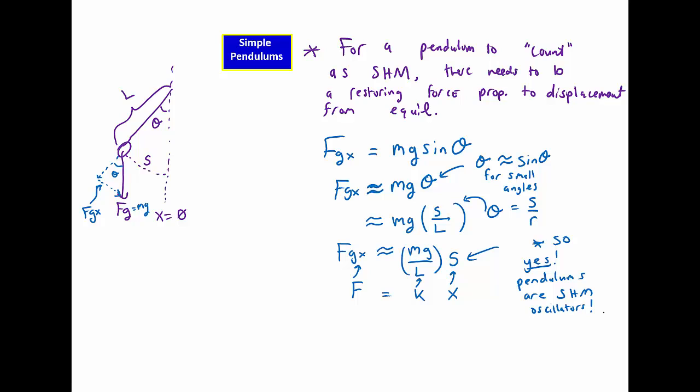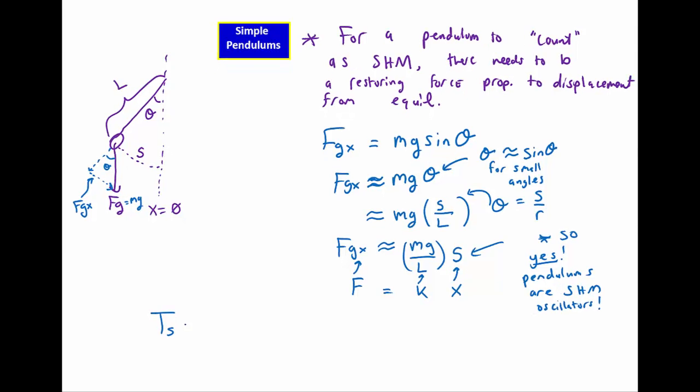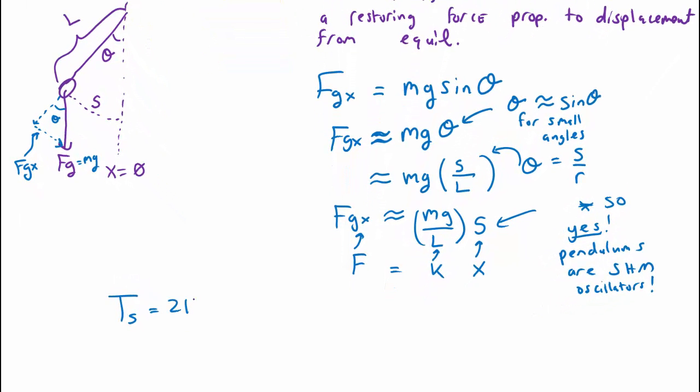So we've already looked at the period of a spring oscillator is 2 pi times the square root of m over k. That's for a spring. So if I look at the situation I've just presented here, we've got 2 pi, and I'm going to plug in the mass.